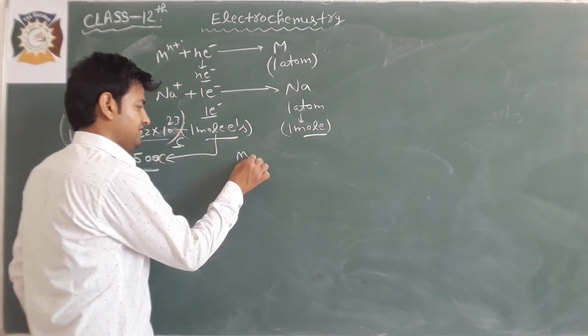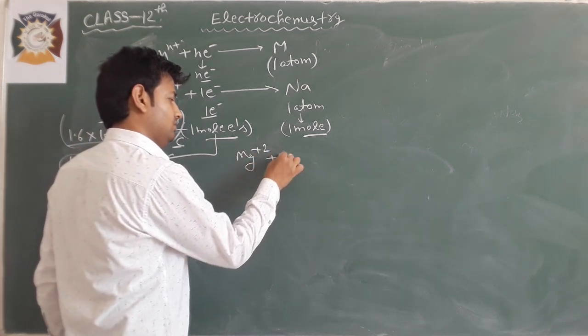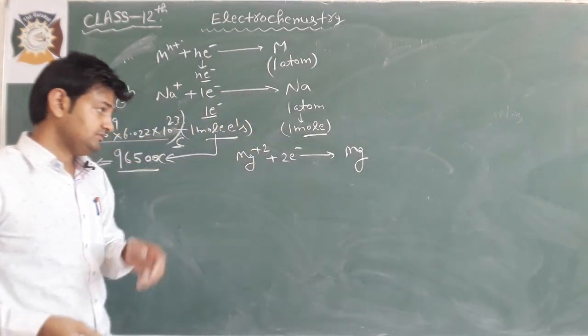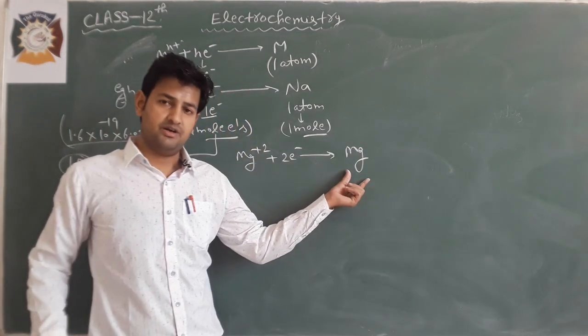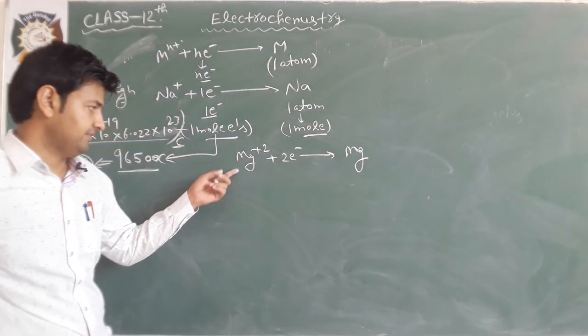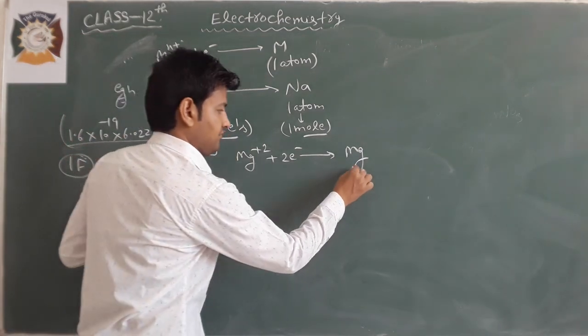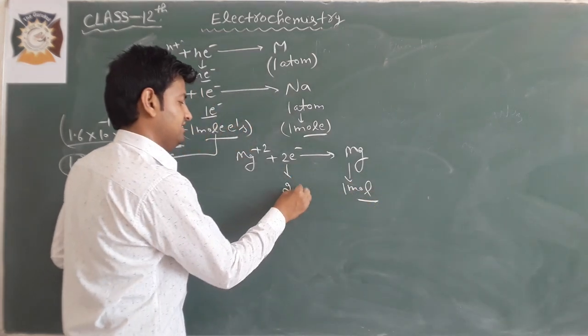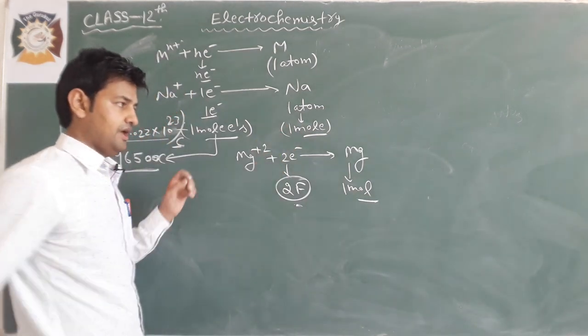Second case, in case of Mg plus 2, 2 electrons are required. If we want to deposit 1 mole of magnesium, what is the quantity of electricity required? For the deposition of 1 mole of magnesium, there is a requirement of 2 Faraday.